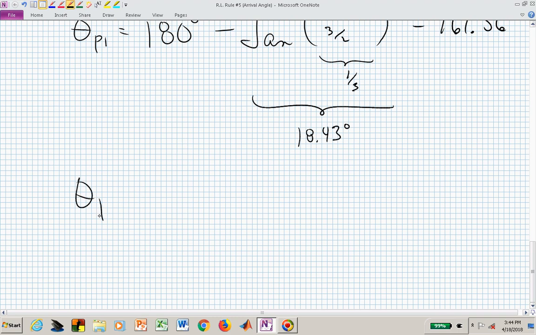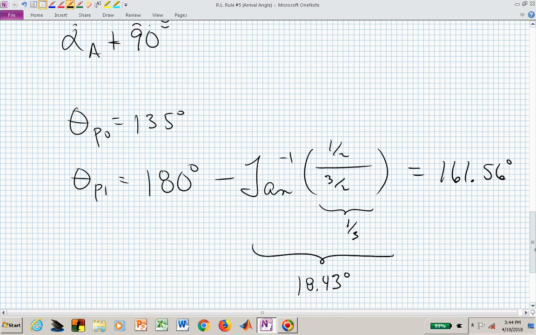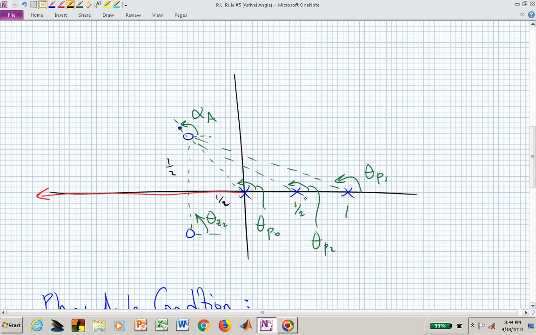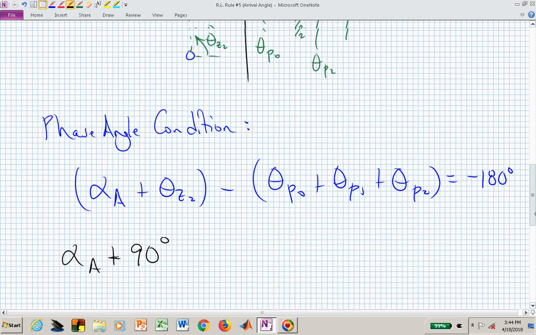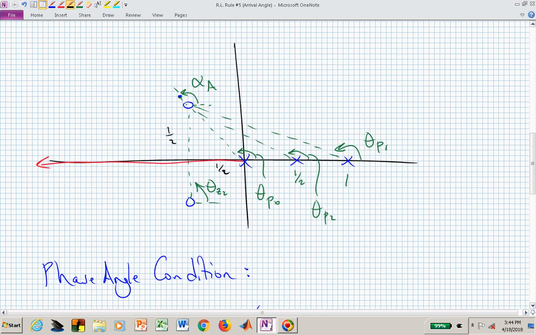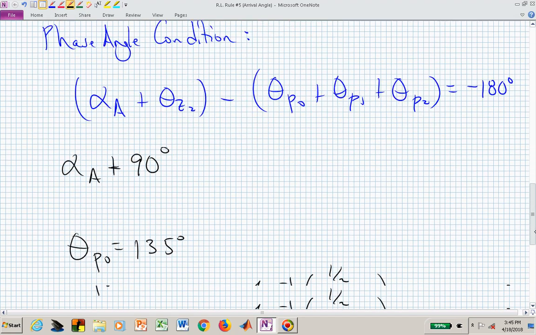Theta sub p sub 2 was the angle associated with the pole at 1/2. And again, looking at the acute angle, we know its vertical distance, or opposite side, is 1/2. We now have 180 degrees minus the inverse tangent with an opposite side of 1/2 and an adjacent side of 1/2 plus 1/2, or 1.